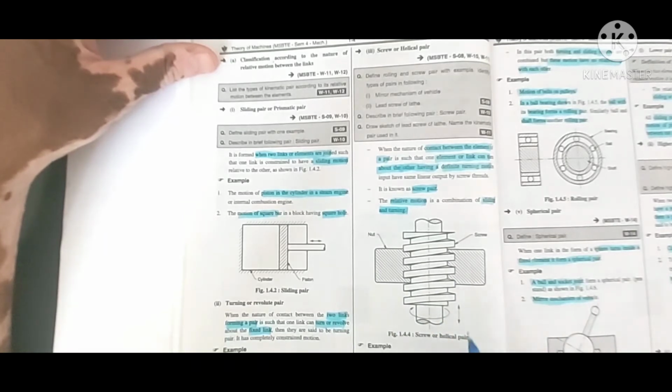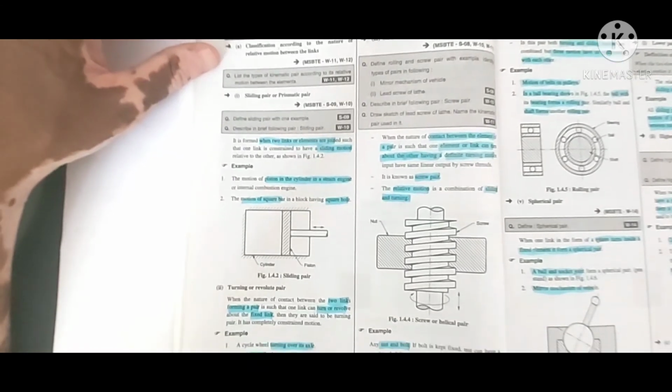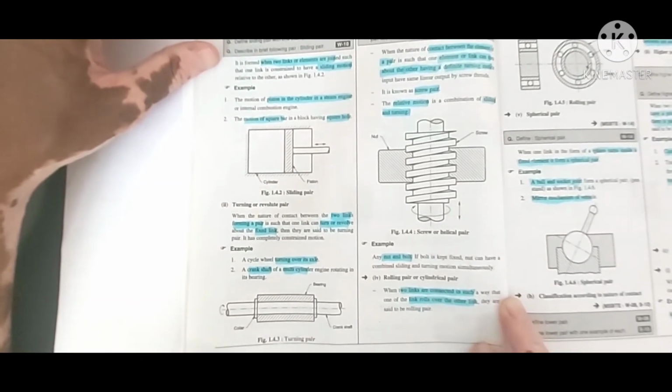When this screw rotates, it moves up and down. Or the relative motion is a combination of sliding and turning. So the screw rotates as well as slides. So sliding and turning, two motions, are in a screw or helical pair. Example, nut and bolt.